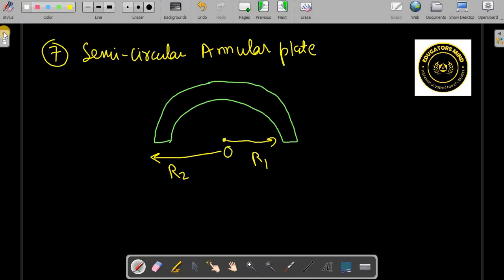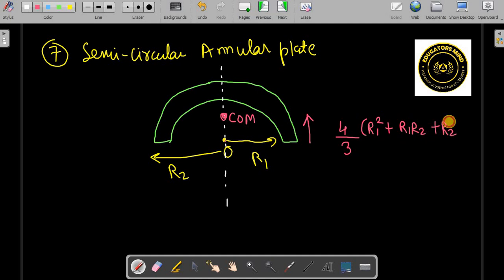Then where do we get the center of mass? The center of mass again will lie on the axis of symmetry, and let us say the center of mass is here. What is the distance of the center of mass from O? This distance can be calculated as 4 by 3, and in the numerator R1 square plus R1 R2 plus R2 square, divided by 3 pi times R1 plus R2.